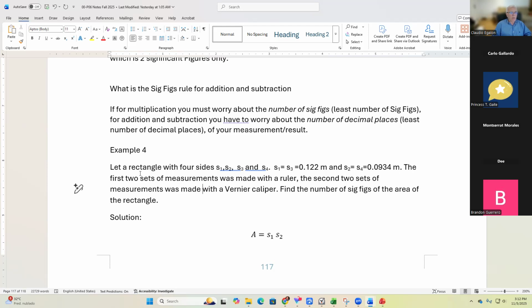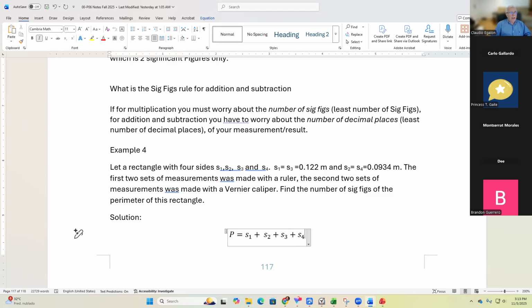Find the number of significant figures, not of the area, but of the perimeter of this rectangle, okay? Because it's a perimeter now, I'm going to call it P. Because it's a perimeter now, we have to sum each measurement, right? S3 plus S4.